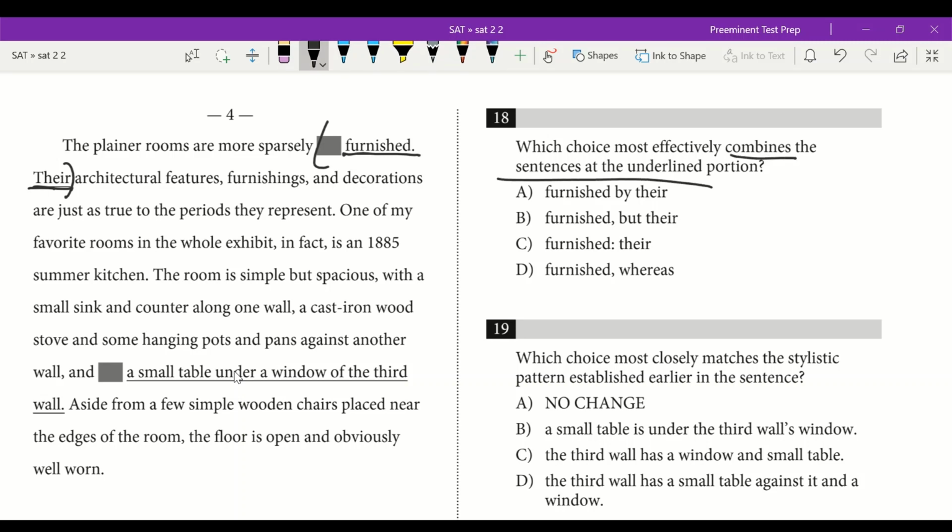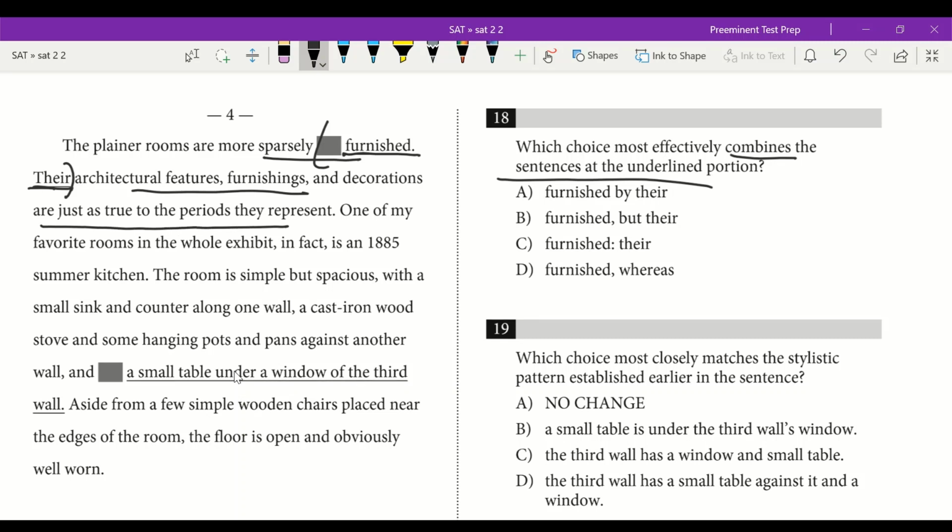Okay, so now I'm going to read through and show you how I'd solve it on my own before looking at the answer choices. So we have: the plainer rooms are more sparsely furnished, their architectural features, furnishings, and decorations are just as true to the periods they represent. What I'm looking at here is a connection. They're saying the rooms are more sparsely furnished, but then they're saying that their features, furnishings, and decorations are just as true.